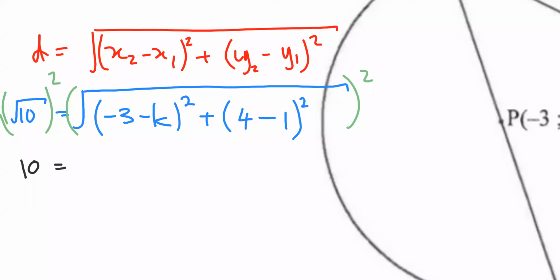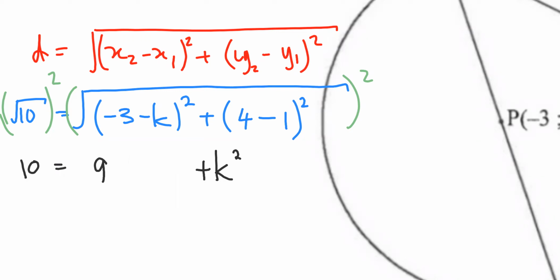So let's multiply out. The shortcut for multiplying this out is -3 squared, which is +9, and then -k squared, which is +k squared.